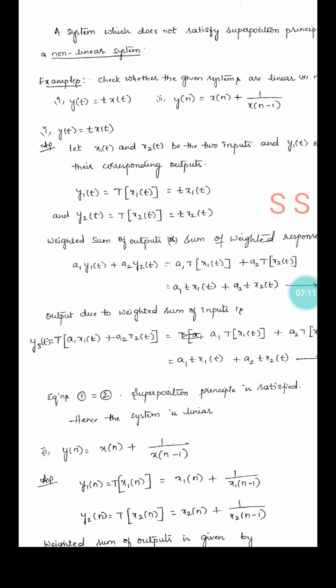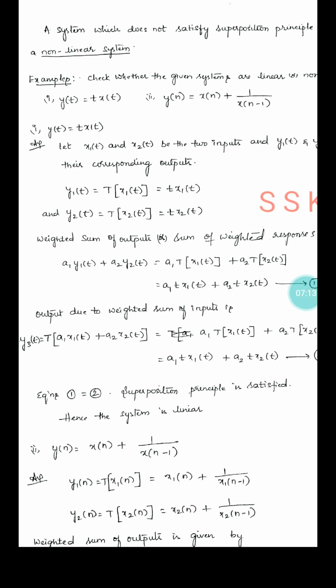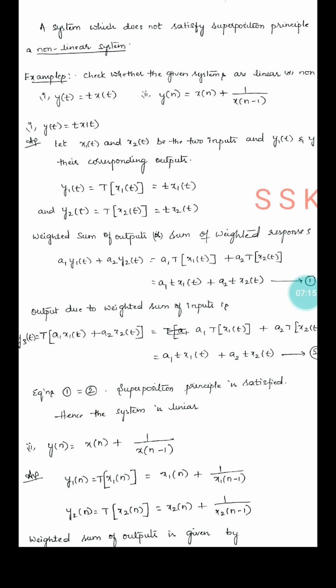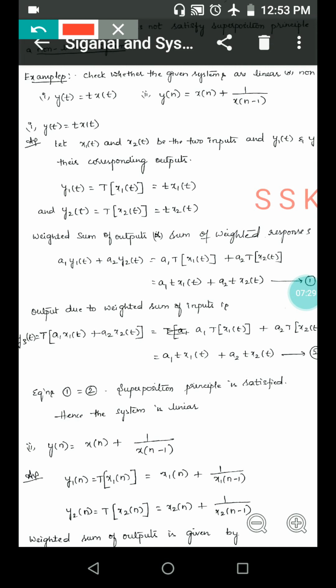Now the weighted sum of the outputs, or sum of the weighted responses. Simply I can add these two expressions: a1 y1 of t plus a2 y2 of t. This is the mathematical expression.